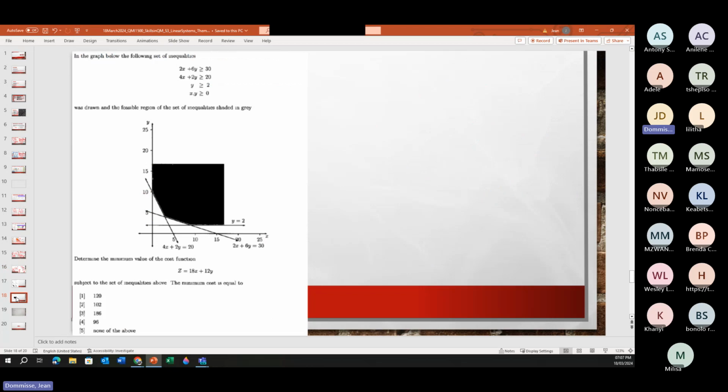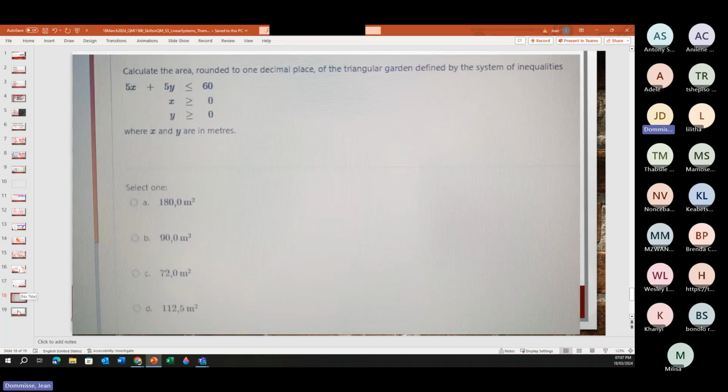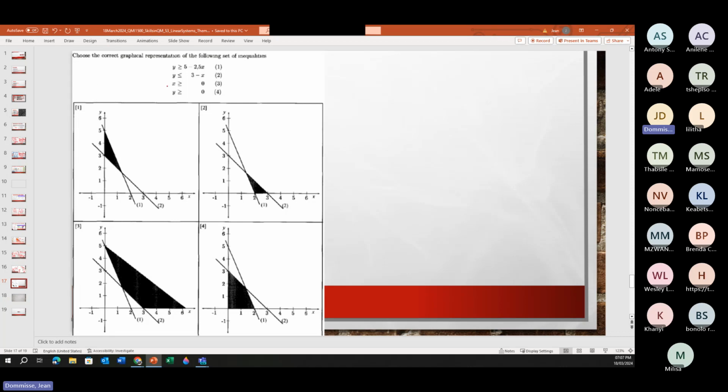So that one I want to take out because you guys are not doing that. They could have done it a bit differently and said, okay, here we've got 4 inequalities. You need to say which one of these represent those 4 inequalities.